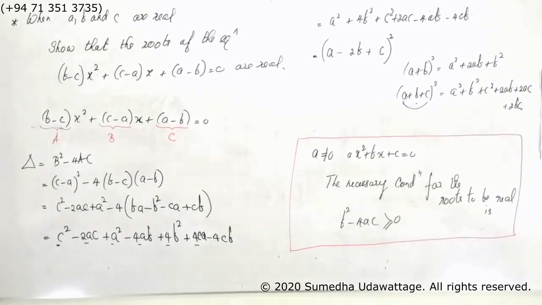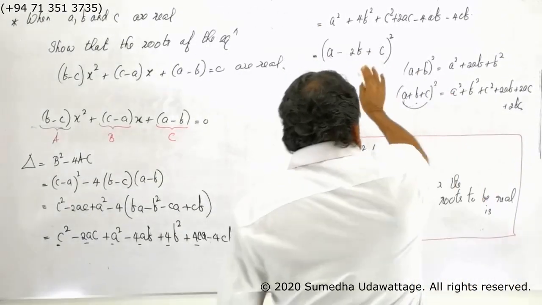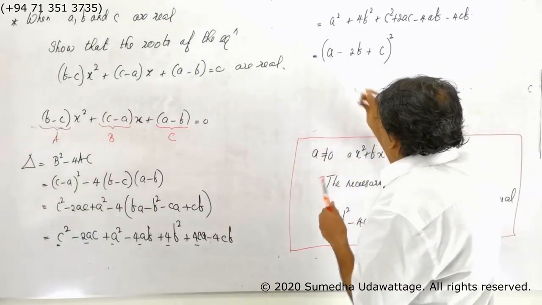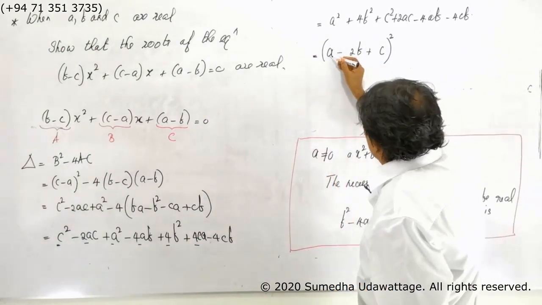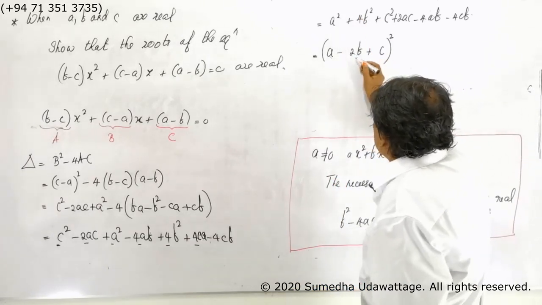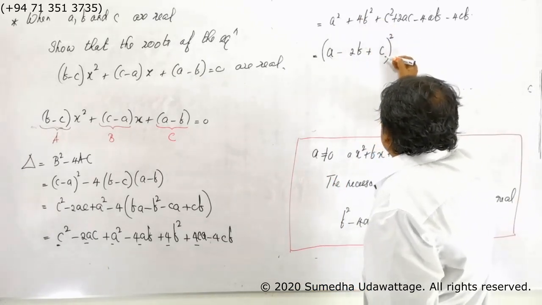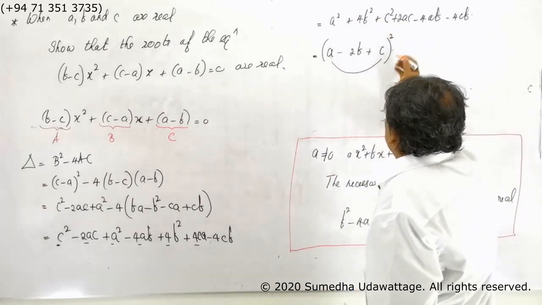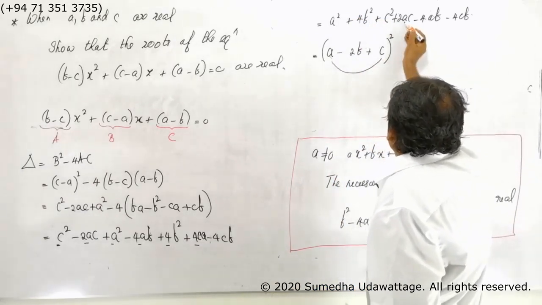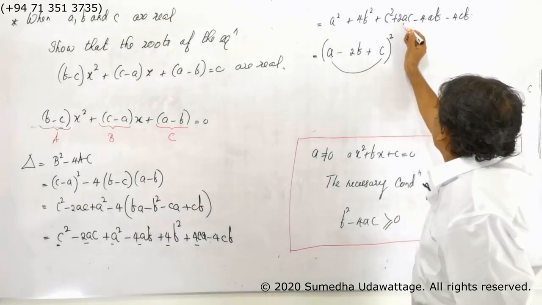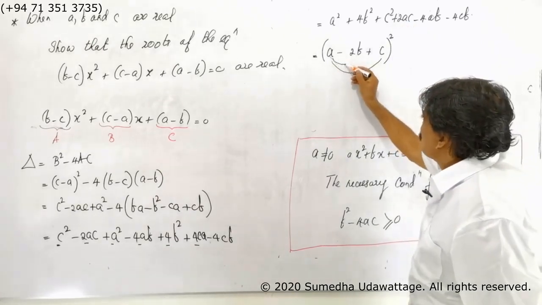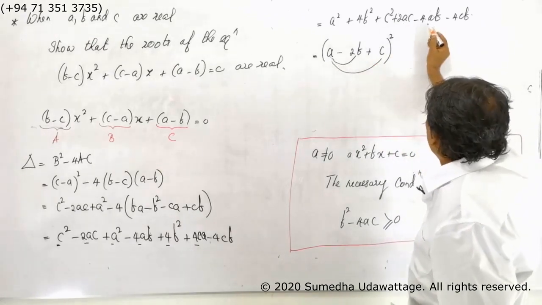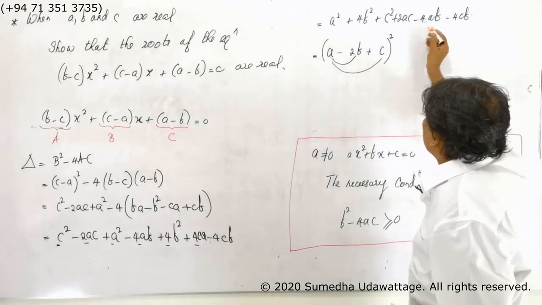If I had to explain it again, these two, this squared you get a squared, this squared 4b squared, this squared c squared. These two values multiplied by 2, you get this. These two values multiplied by 2, you get 4ab.